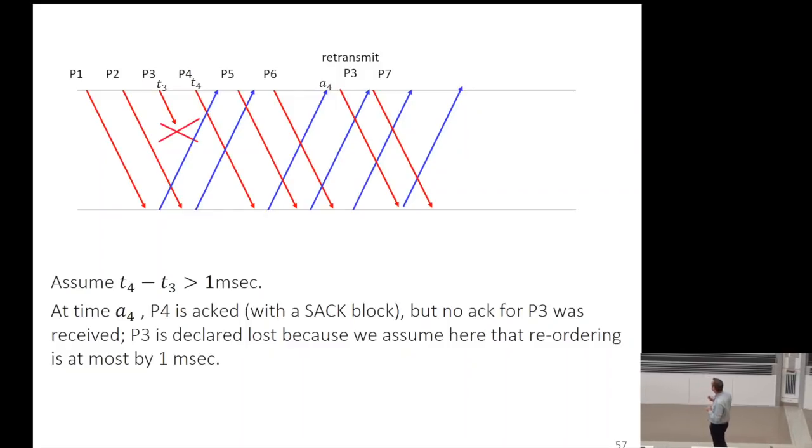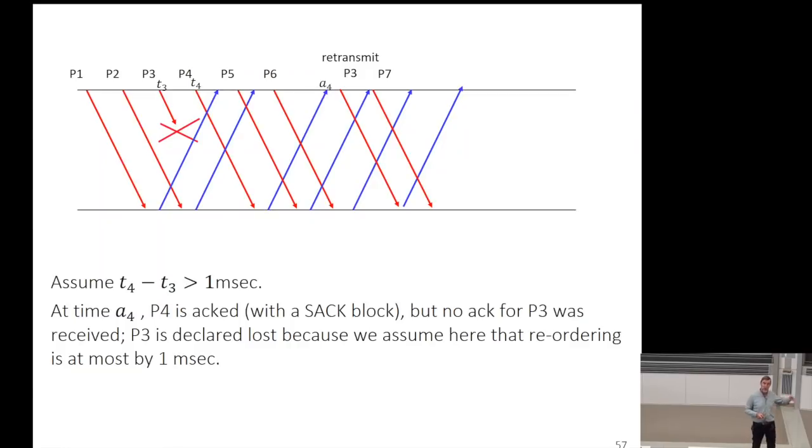I'm showing an example here. Packet P3 is sent at time T3 and lost, and packet P4 was sent, let's say, several milliseconds after P3. Assume the reordering window estimated by this system is 1 millisecond. Then when we receive an acknowledgement at time A4 for packet P4, with this heuristic, we will say, oh, packet P3 is missing in this acknowledgement. There will be an acknowledgement with a SACK block saying packet P3 is missing.